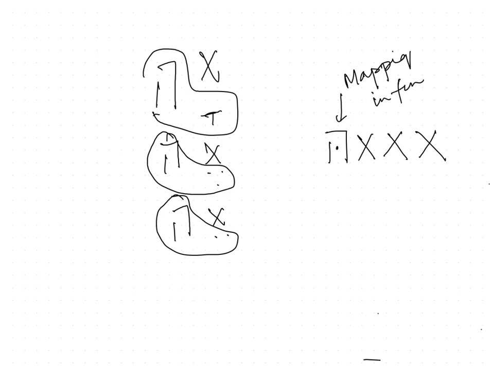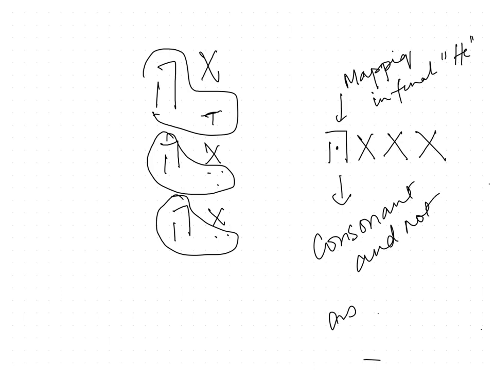When I say final hey, I mean the hey in the final position of the word. A mapik is only found in a hey which is in the final position. And what is the function of it? It is to indicate it is functioning there as a consonant and not as a vowel letter.